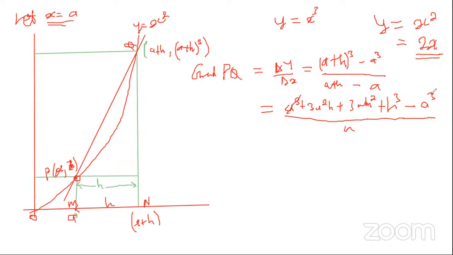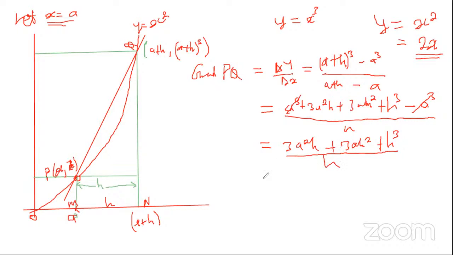So the a cubed and a cubed will cancel out. Then we remain with 3a squared h plus 3ah squared plus h to the power 3. Then we divide that by h.